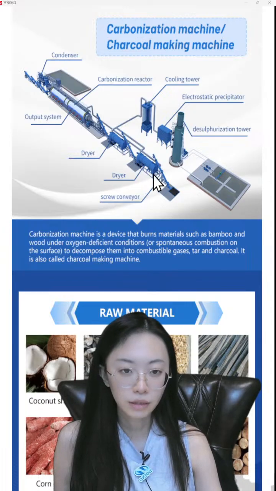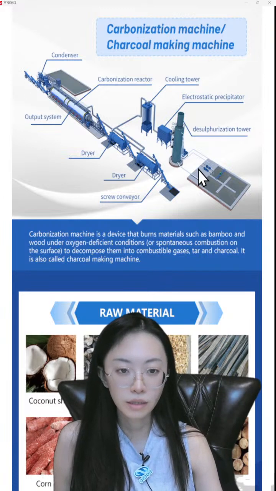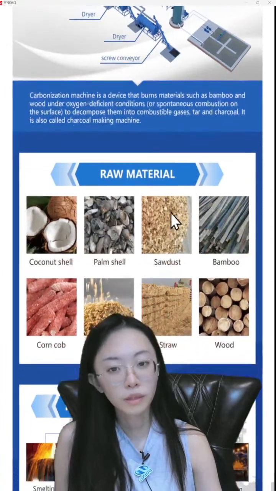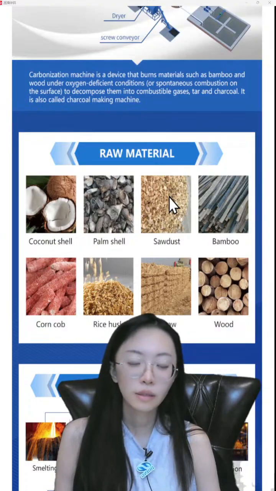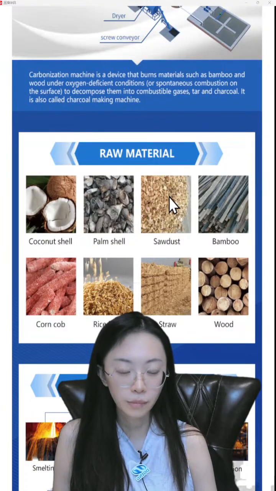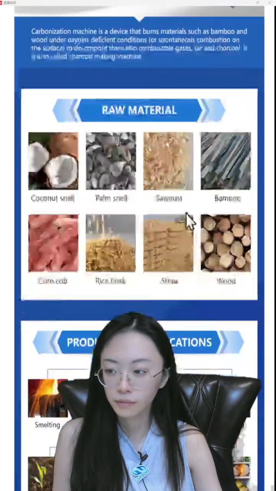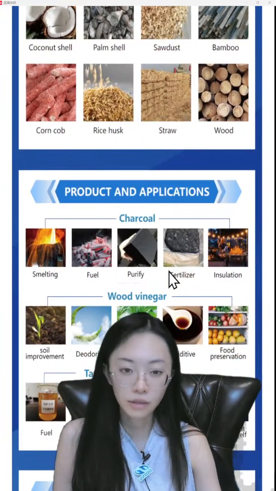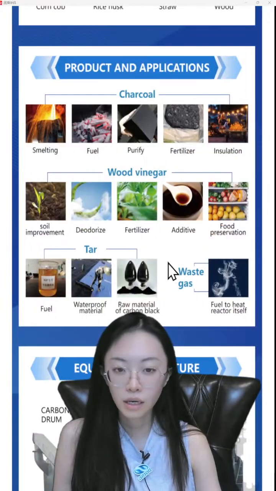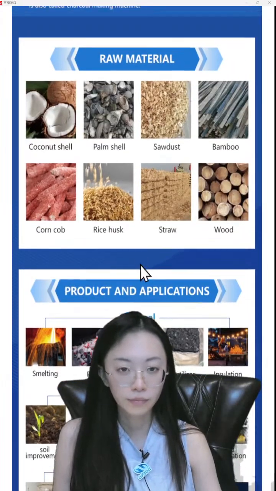This is a feeding system, drying machine, combination machine, slagging winch, purification system, and water pool for recycling water. The raw material is coconut shell, plum shell, sawdust, bamboo, corn cob, rice husk, and so on. You can get charcoal, wood vinegar, tar, and waste gas from them.